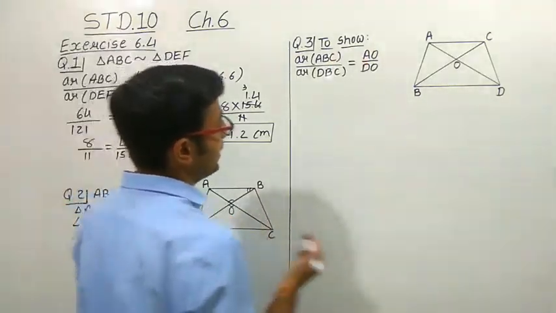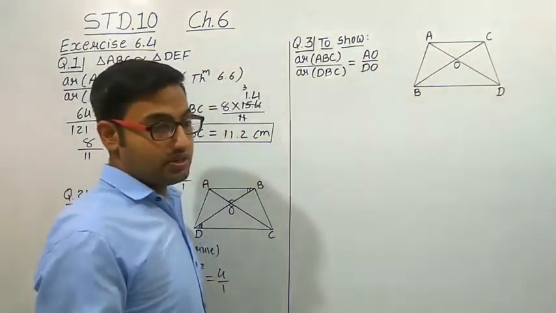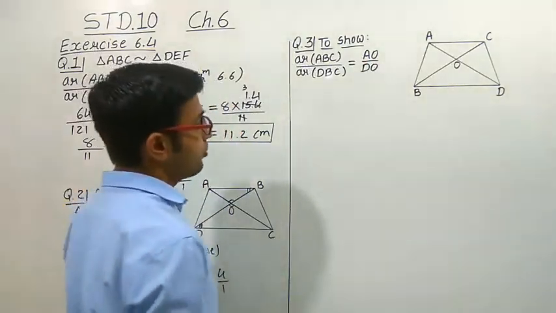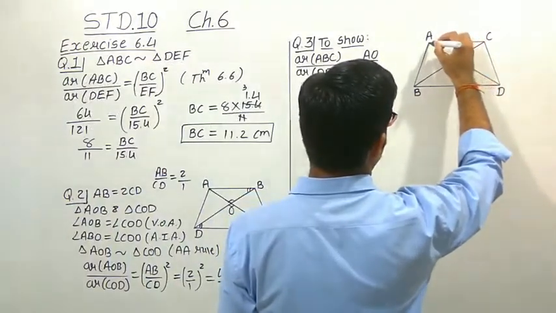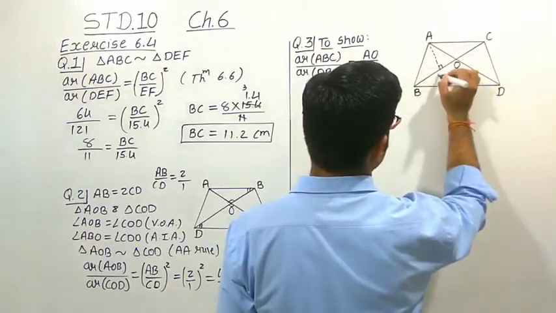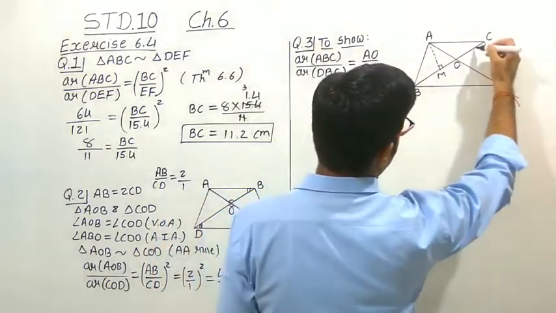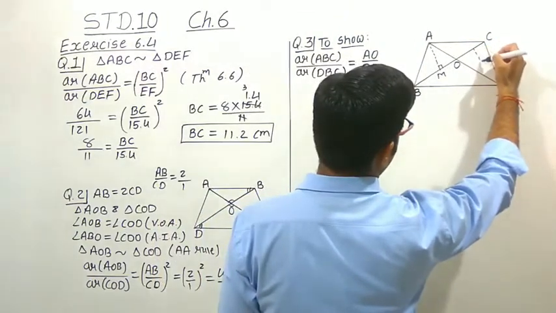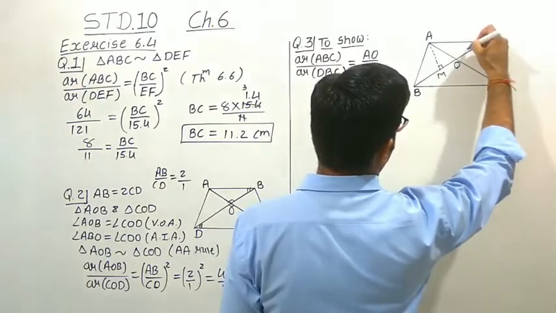So to find the area of triangle ABC, we know the method, that is 1/2 base into altitude. According to that, let us draw a perpendicular from A, that is M, and one perpendicular from this point D on this side, and give it the name N.